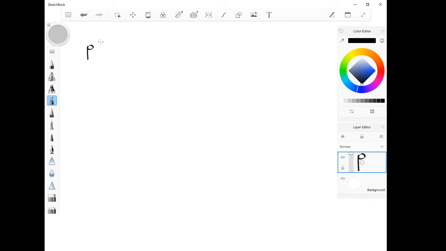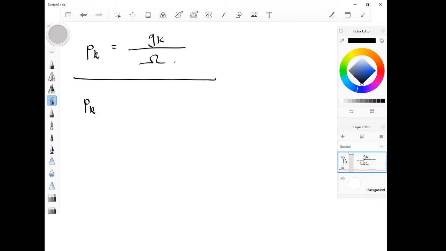The probability of your kth state is going to be equal to the degeneracy of the kth state over the total number of microstates. So we have that. Now, if we then go to the canonical ensemble, we have the probability of the kth state as a function of some total energy of the system, the total energy of your environment plus system, and then the energy of your system itself.